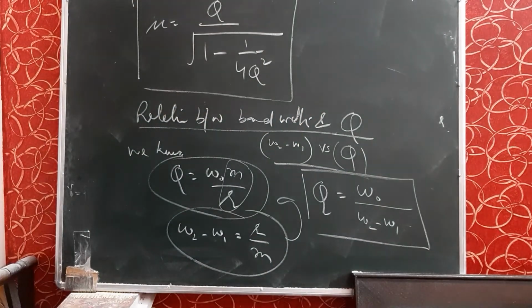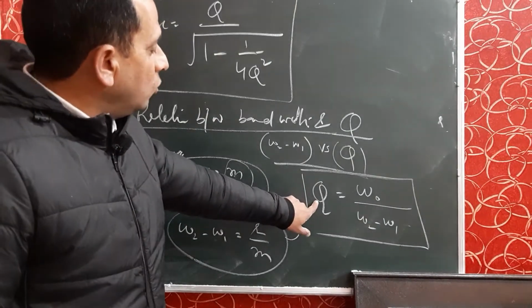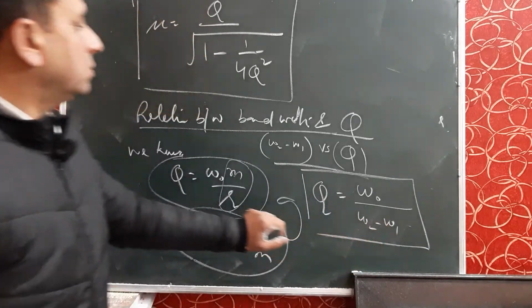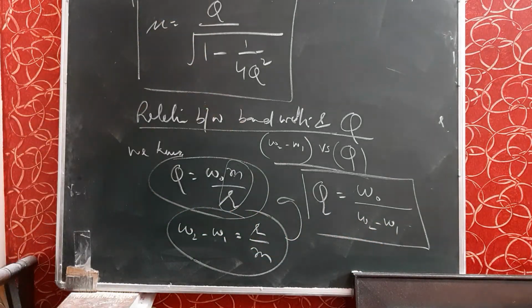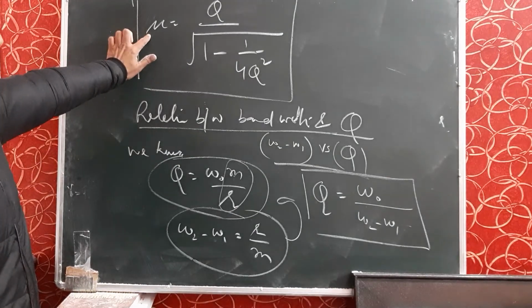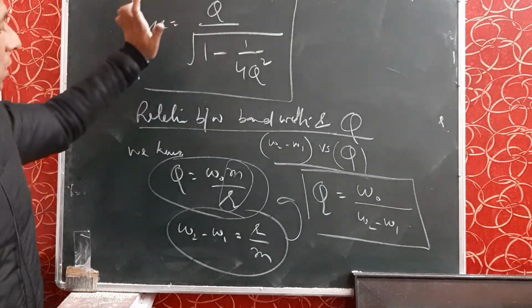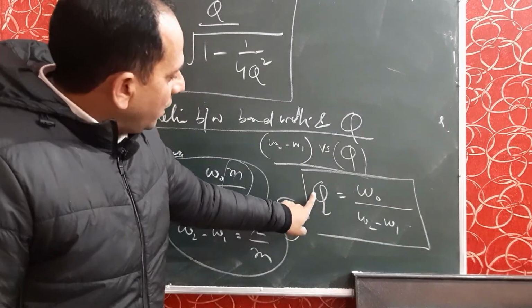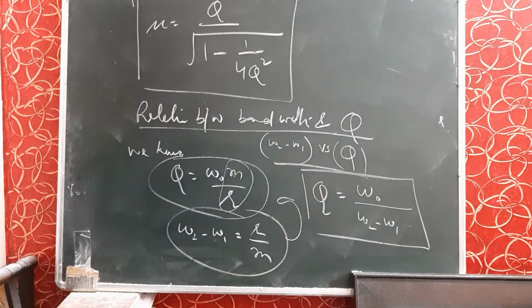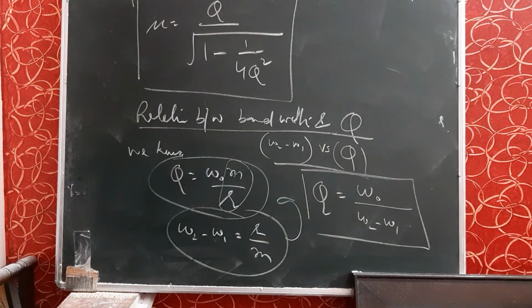So this is another relation for the quality factor Q and bandwidth. So these are the important formulae: the relation between amplification factor and quality factor, and the relation between quality factor and bandwidth. This is all about the forced oscillator, and our chapter is over.